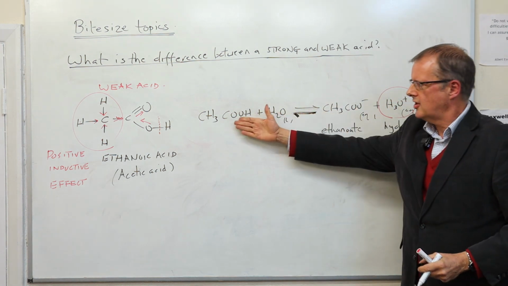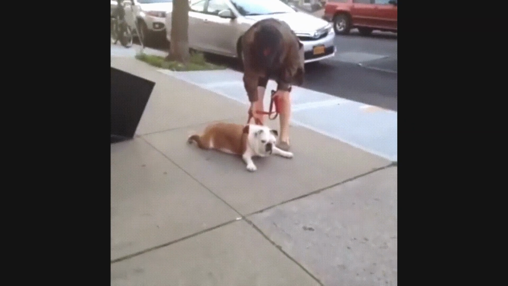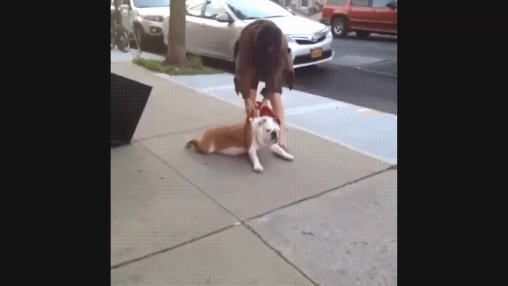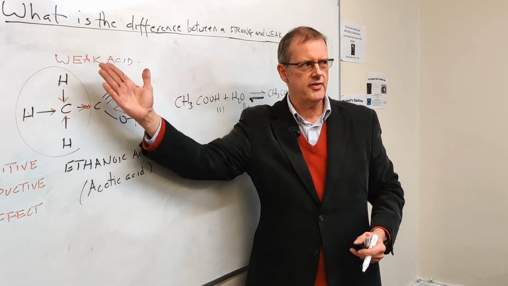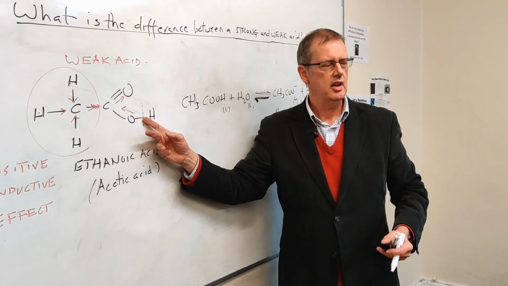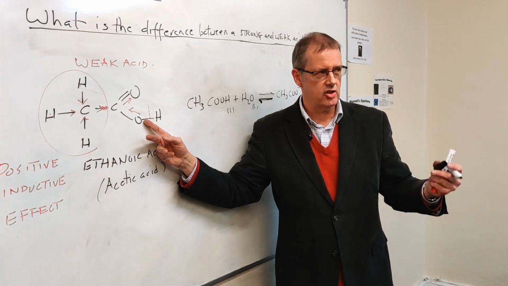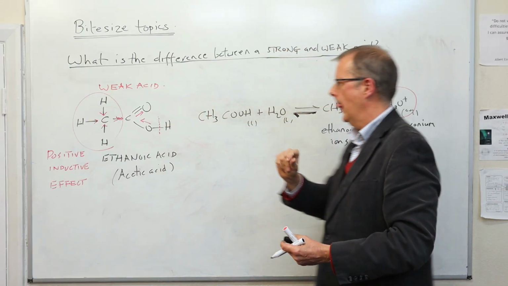In this case, it hasn't budged that much over here. It's a bit sluggish. It's a bit of a third division player as an acid. It doesn't really want to play this game because of the positive inductive effect of the methyl group shoving electrons towards that bond, reinforcing that bond and making it stronger and less likely to break.